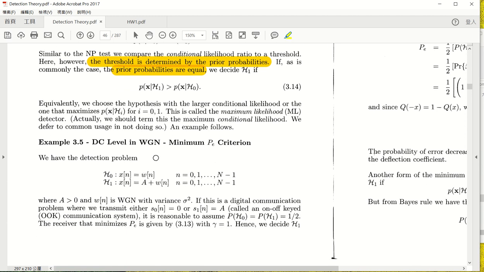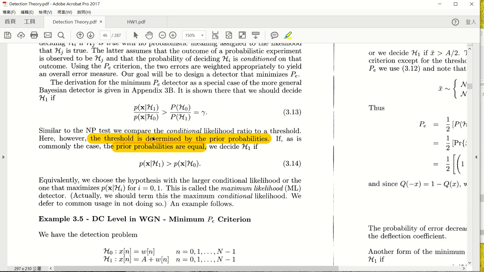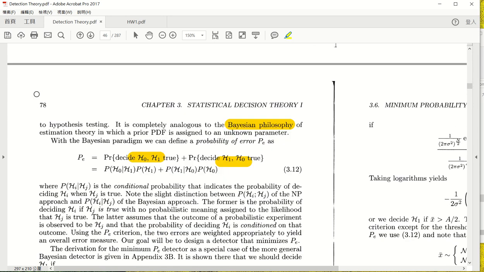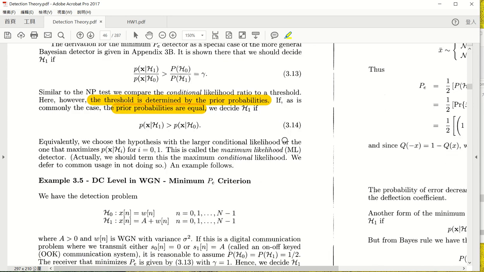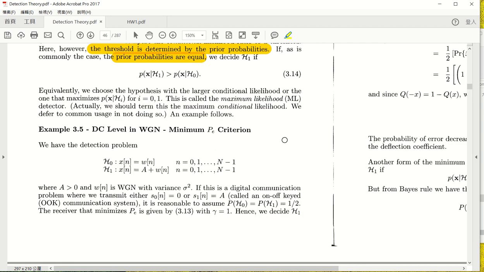Okay, so let's take a look at one example. We're at page 78, probably page 78. Just for some people, if you get lost, you can follow along with the page number. The DC level in white Gaussian noise, the minimum PE criterion. This is a classical problem.